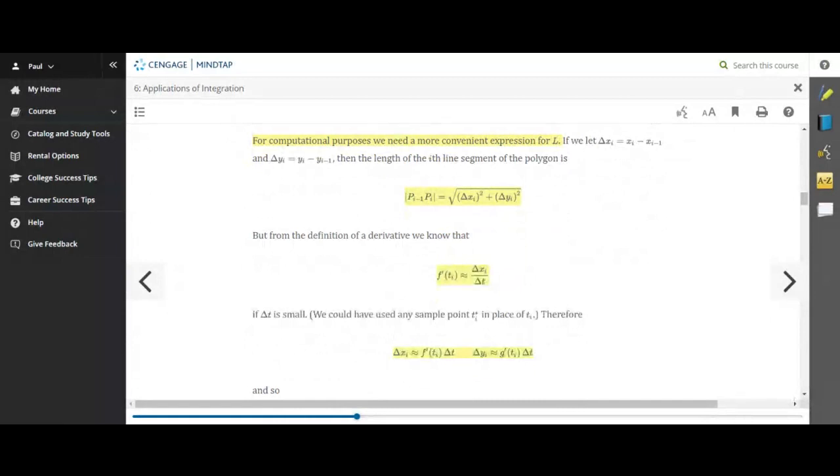The length of the ith line segment of a polygon is given by the square root of delta xi squared plus delta yi squared. Let's talk about that. As a matter of fact, we're going to try to talk about all these 3 formulas, so let me bring up the whiteboard.